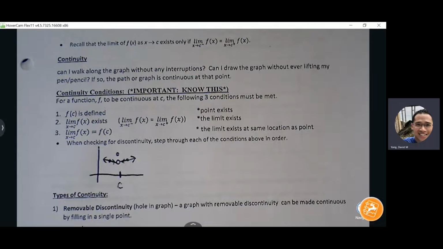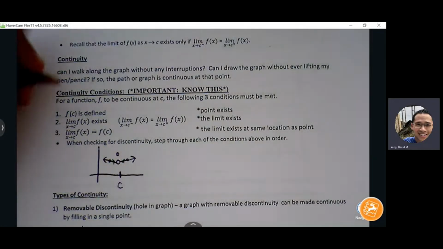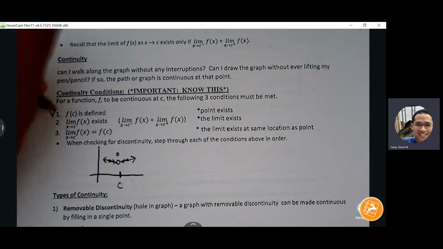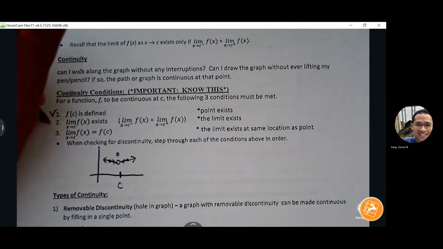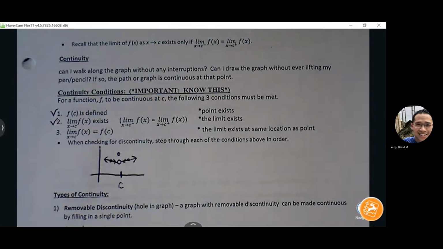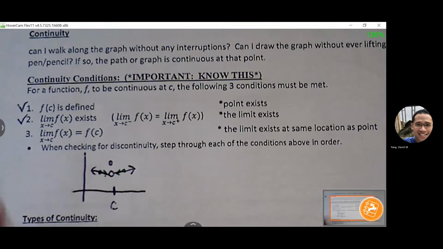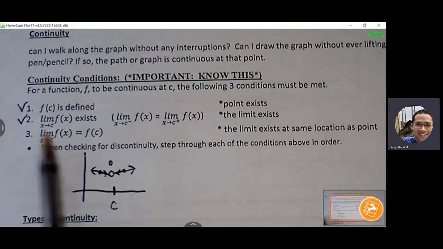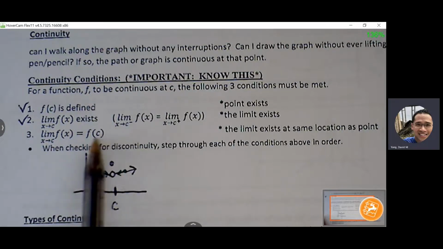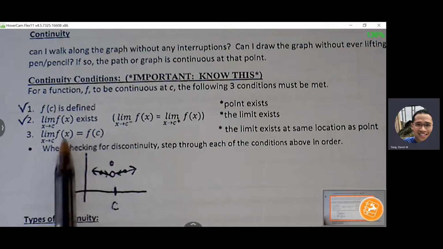Would it be okay if the limit was in the same spot as the point? Right, so let's get to that. So far, the way that I drew this, the first condition passes, the second condition passes. Now let's look at the third condition. The third condition says, look at what we gathered from the second condition and look at what we gathered from the first condition, and we ask ourselves simply, are they in agreement?